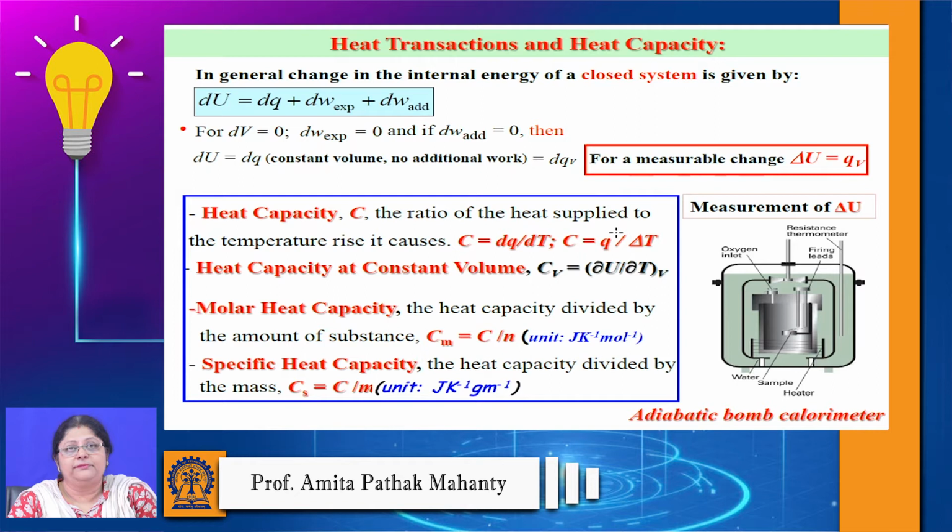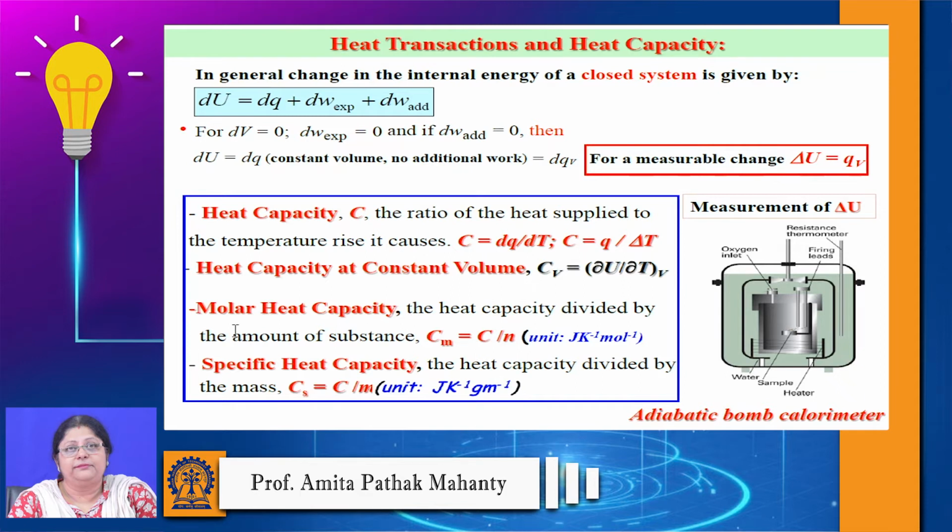And what is Q? We have said that at a constant volume process Q is equal to delta U. So delta U by dT at constant volume should give me the molar specific heat at constant volume.